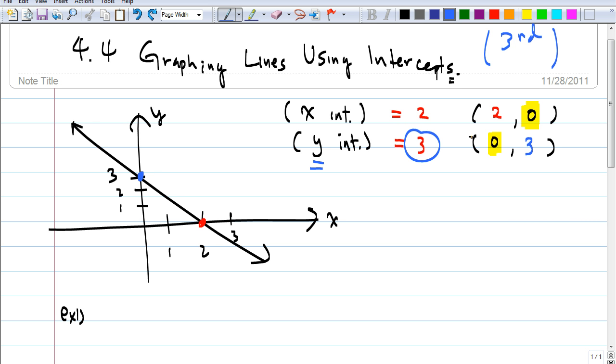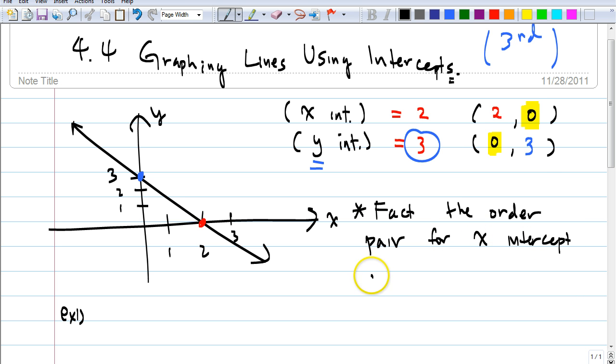Dia, can you turn around? Okay, so write this down. Fact. For the x-intercept, the ordered pair for the x-intercept must have zero for which coordinate?